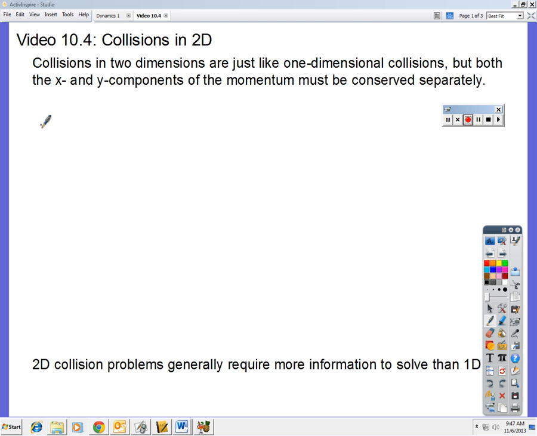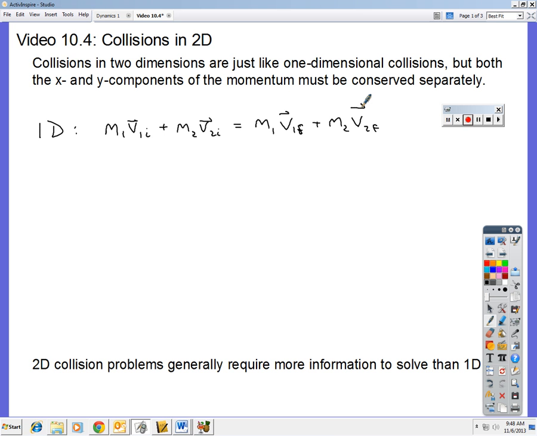Whereas for one-dimensional collisions we had m1 v1i plus m2 v2i equals m1 v1f plus m2 v2f.